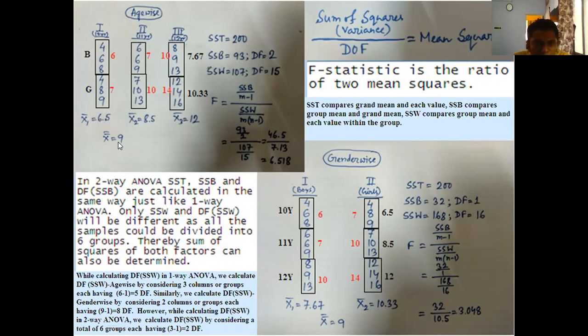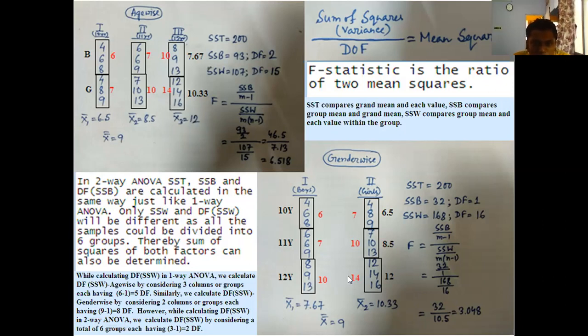So mean value from the grand mean, for 6 times. We had 6.5 minus 9 whole square into 6, plus 8.5 minus 9 whole square into 6, plus 12 minus 9 whole square into 6.